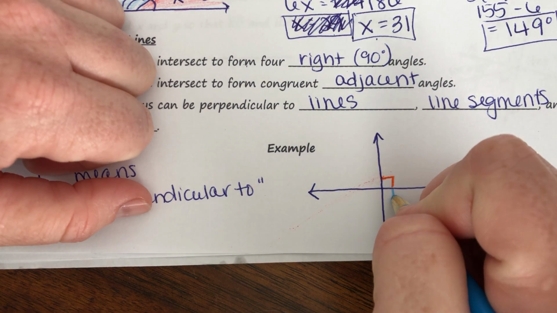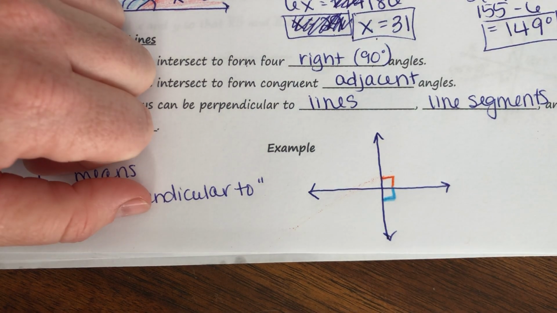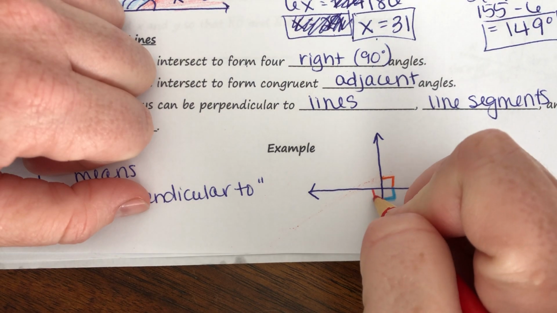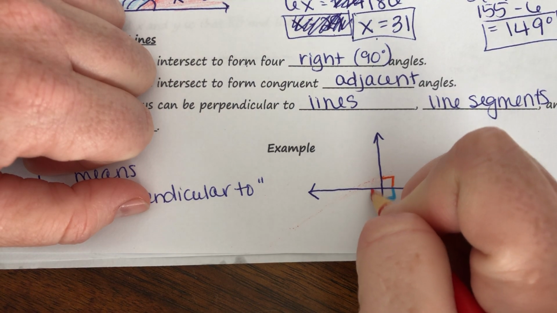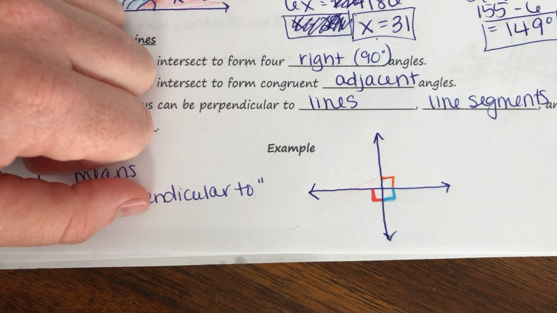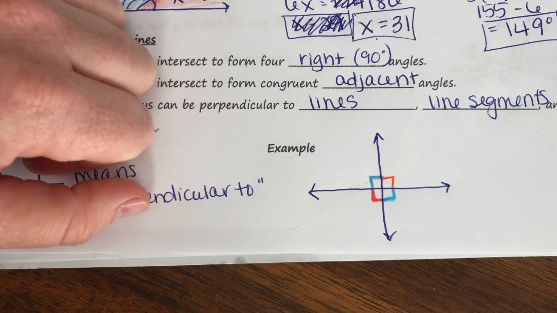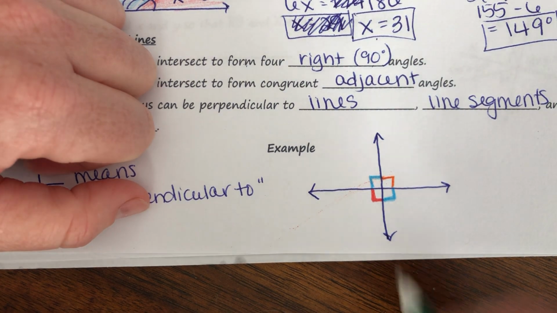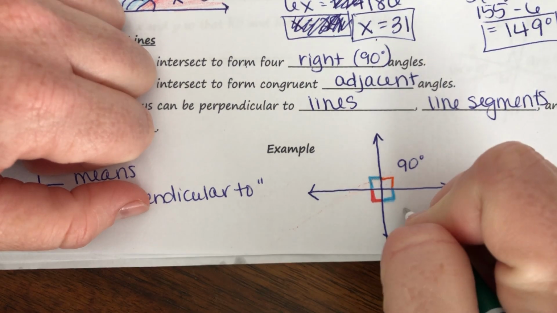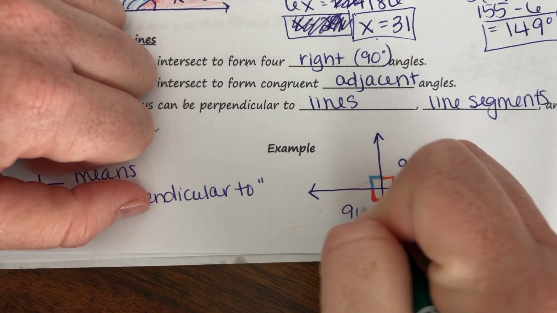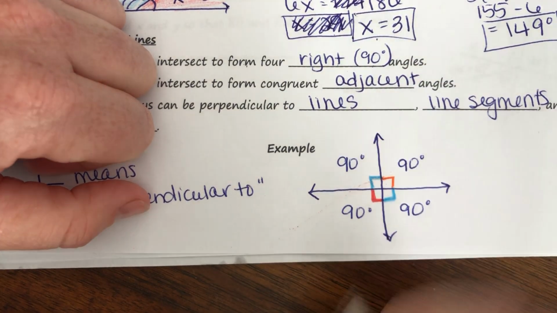The one next to it's gonna be 90 degrees. The one next to that's gonna be 90 degrees. If they're 90, we can put that little corner thing in, right? And the one next to that's gonna be 90 degrees. So it forms 4 90-degree angles.